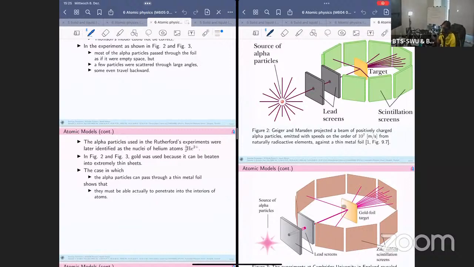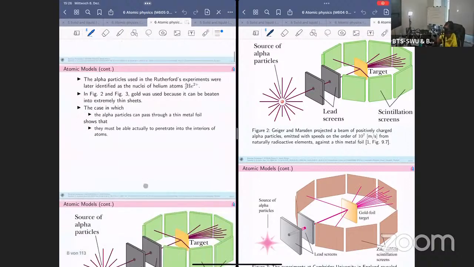Okay, because we have seen many layers here, it means the atom of the gold should have empty space, right, or be hollow or something like that? Yeah, that's the first information we could realize about the actual property of the atom.